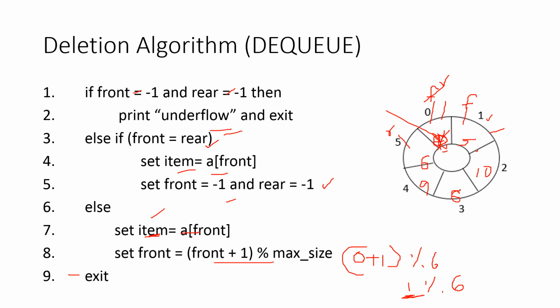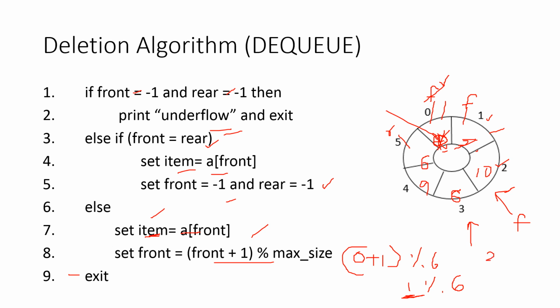If this is empty and this is also empty, and suppose this is front. Now you are supposed to delete this element. So when this is deleted, front will naturally come here. See, (front + 1) % maximum size. Front is 2, 2 plus 1, that is 3 % 6.